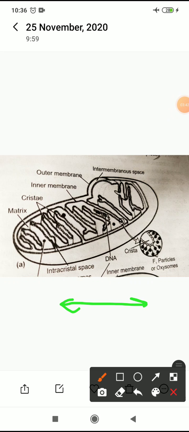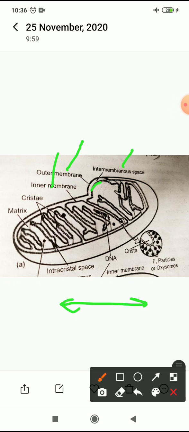Now, structure of mitochondria. See in this diagrammatic sketch, you can see the outer membrane, then inner membrane. In between these two membranes, there is a space, and it is called the intermembranous space.